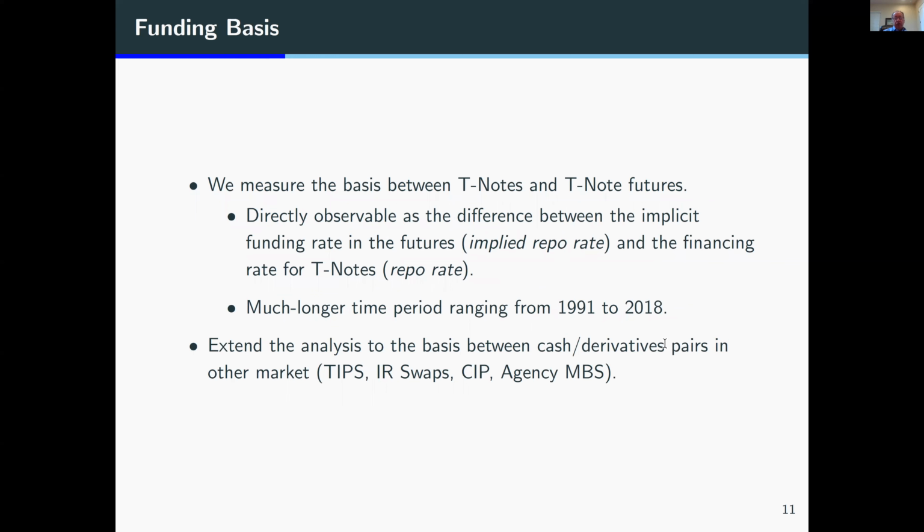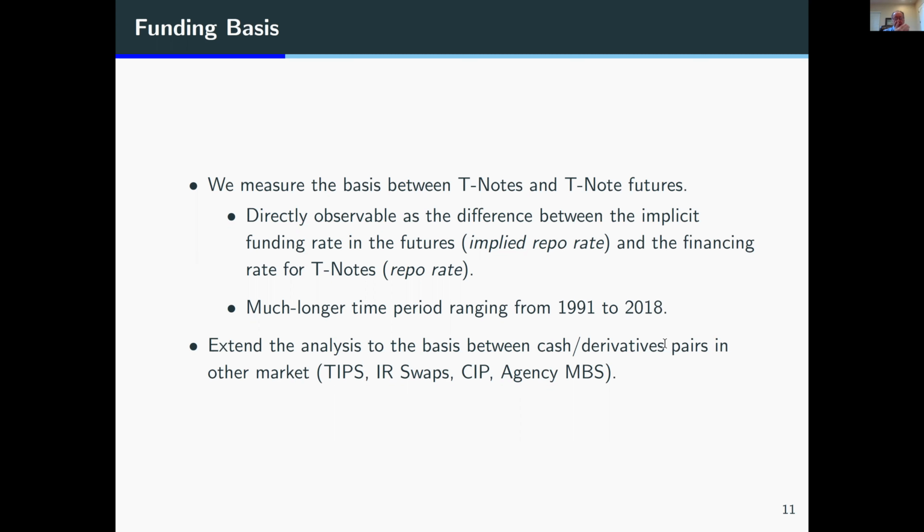So the idea here is really simple. We're going to measure the basis between T-notes and T-note futures. We can directly observe the financing rate, the repo rate, for 5-year Treasury notes. Then we go to the 5-year Treasury note futures market and back out what we call the implied repo rate.